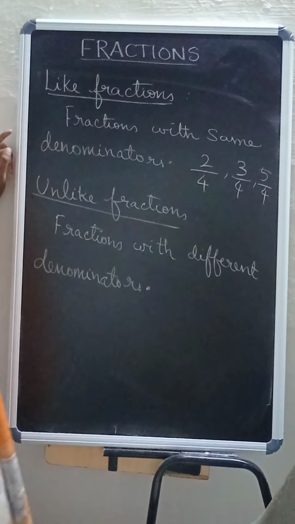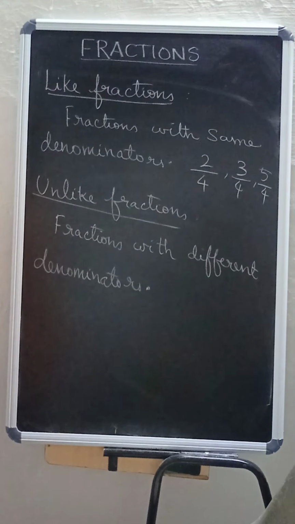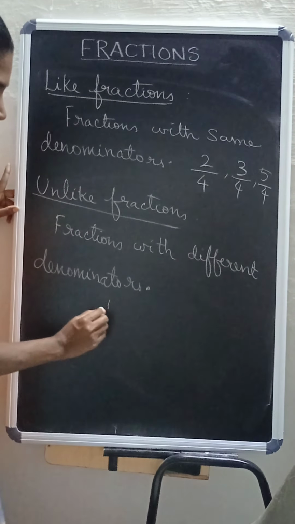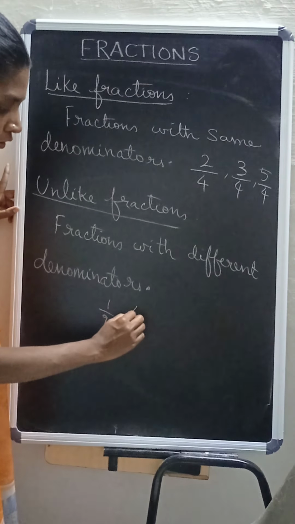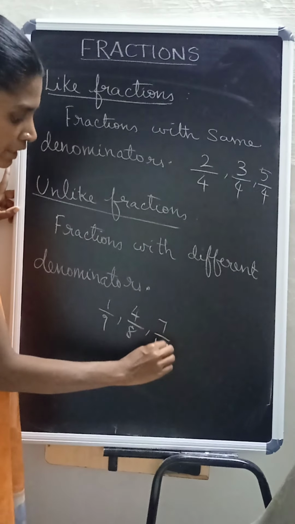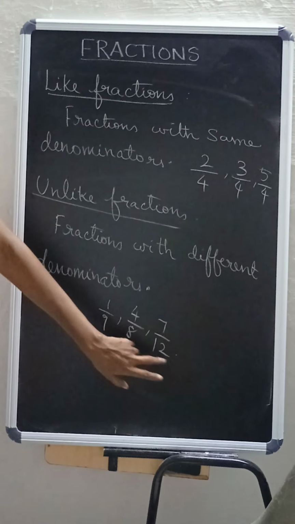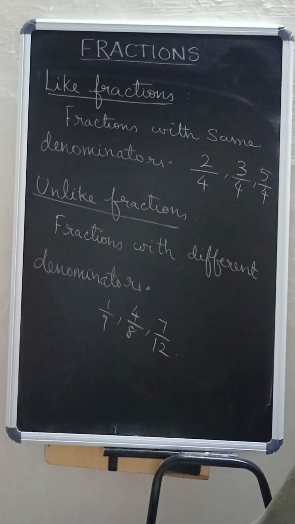So these three are like fractions because the denominator is 4 equal. Now unlike fractions, 1 by 9, 4 by 8, 7 by 12. So these are called unlike fractions because they have different denominators.